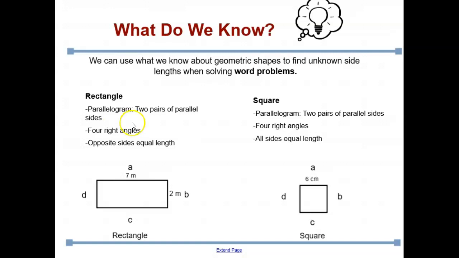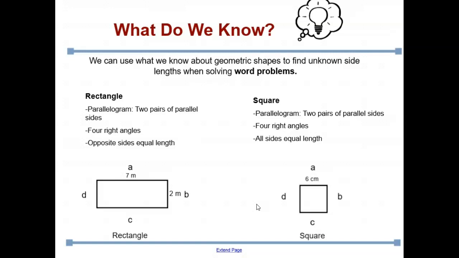You know that rectangles and squares are both parallelograms. What are parallelograms? You're exactly right. Parallelograms are quadrilaterals with 2 pairs of parallel sides. You know that both rectangles and squares have 4 right angles. What are right angles?